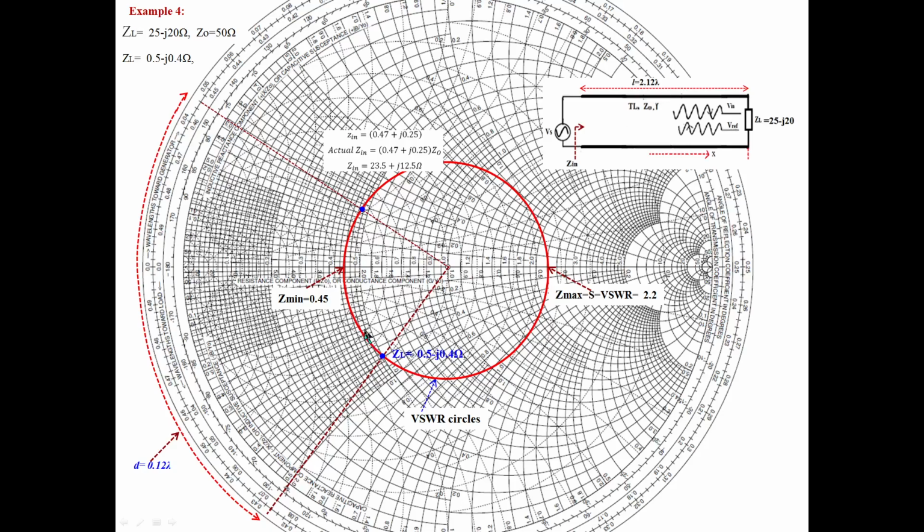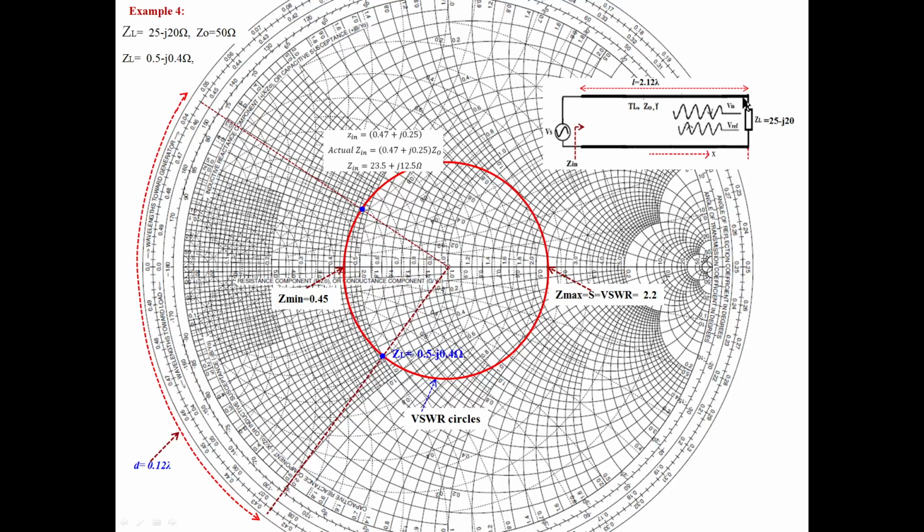As I said in the earlier classes also, starting from the load, if you move over the VSWR circle and complete one rotation, coming back to the load point, we will have traveled a distance of lambda by 2, that is 0.5 lambda.